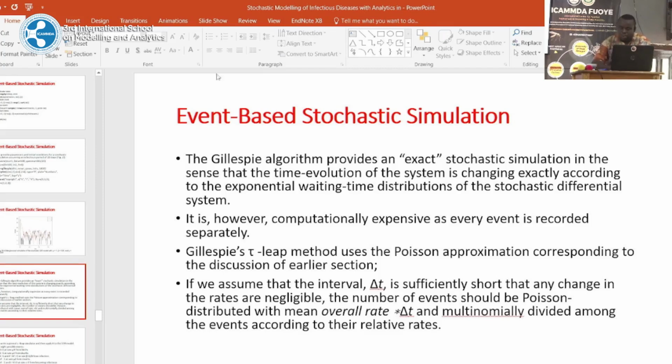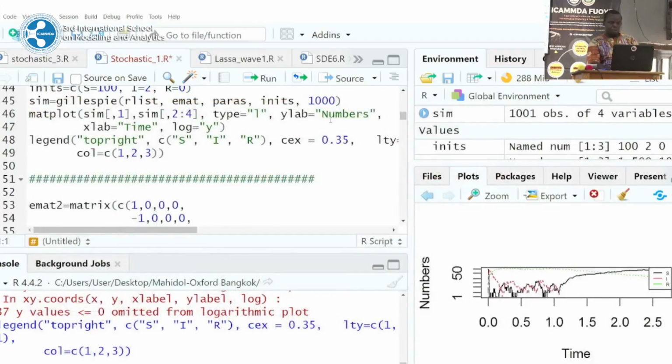Now, what you can do here is, if we decide to, this one is 1,000, you see that the number of times we are running the Gillespie is 1,000 times. But let's assume that I reduce it to 100. Let's see what will happen.